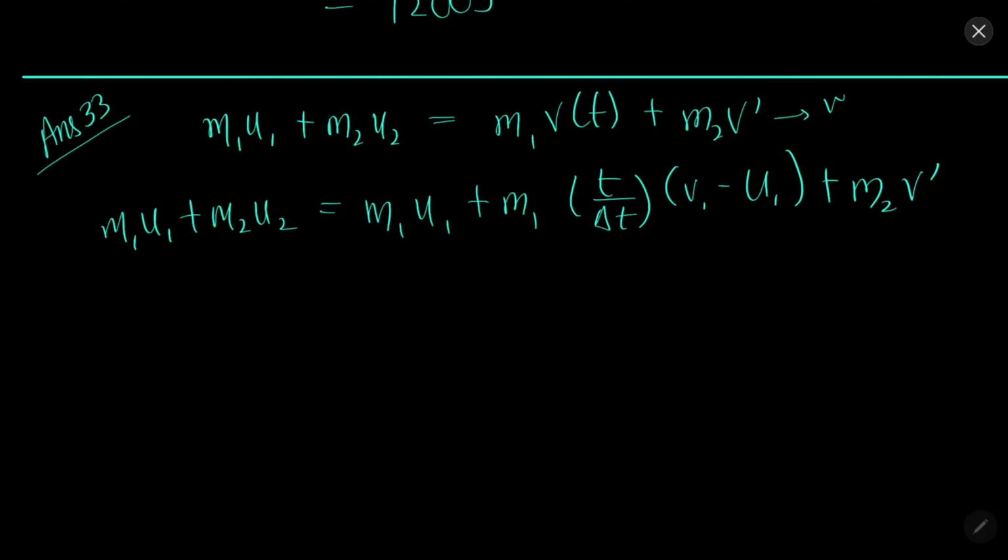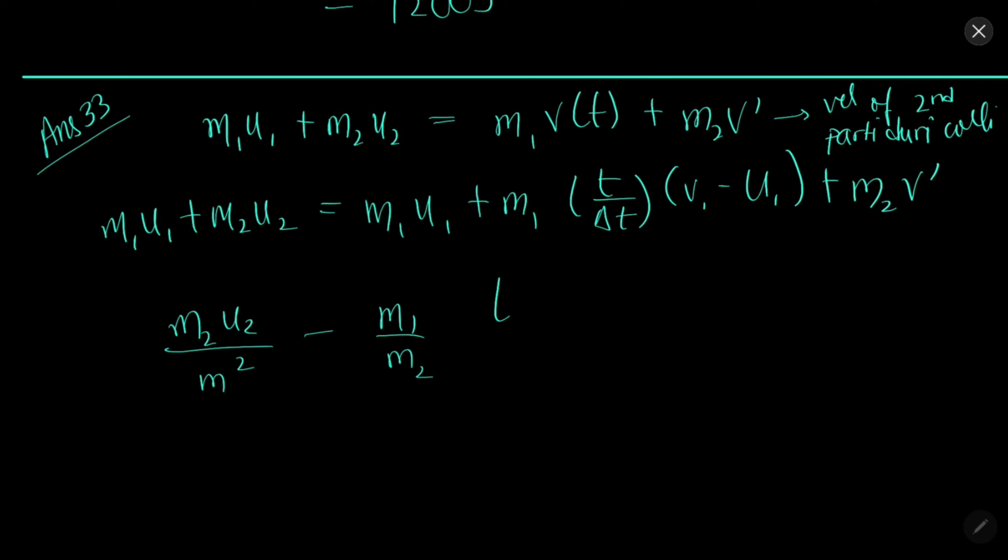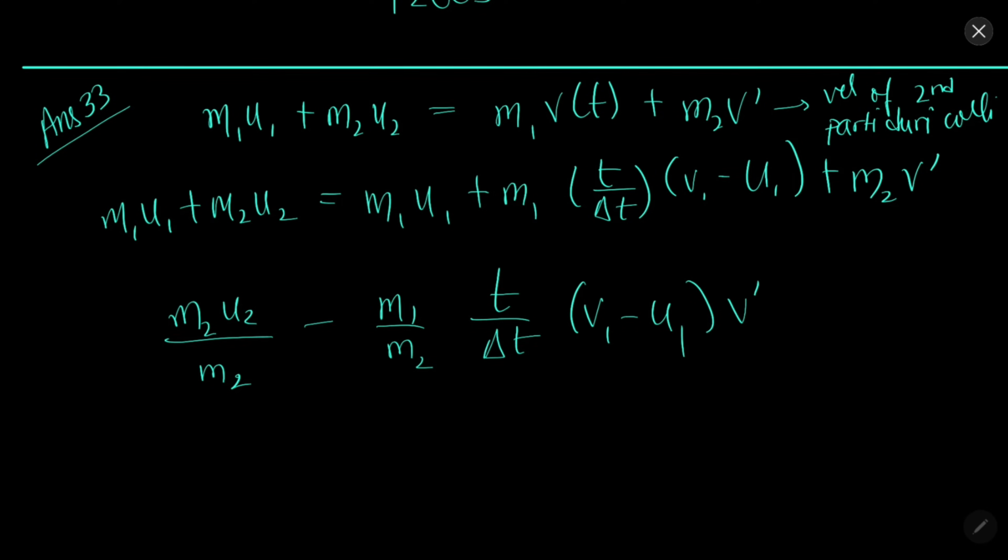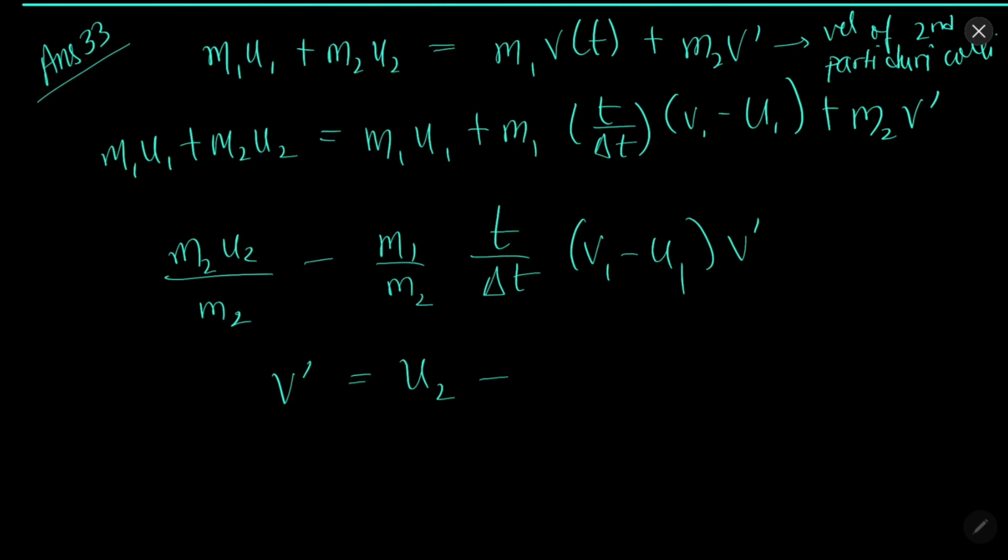V dash is the velocity of the second particle during collision. So v dash will come out to be u2 minus m1 over m2 into t over delta t into v1 minus u1.